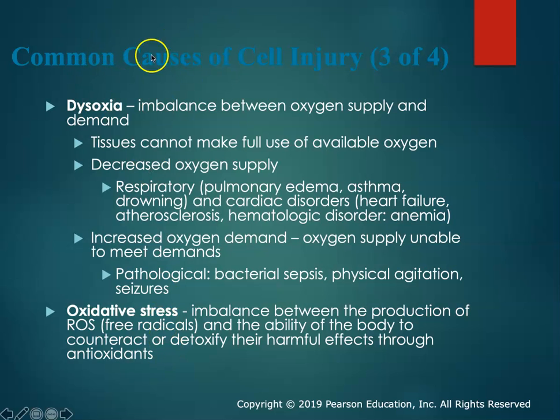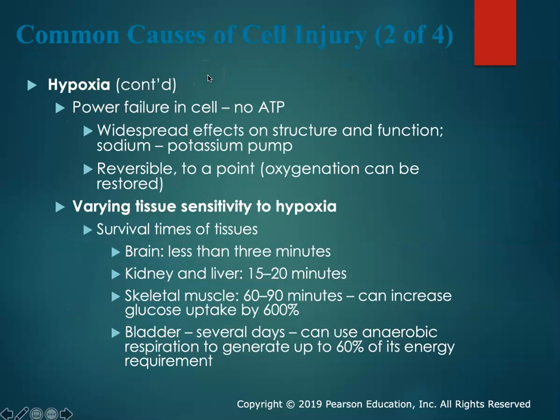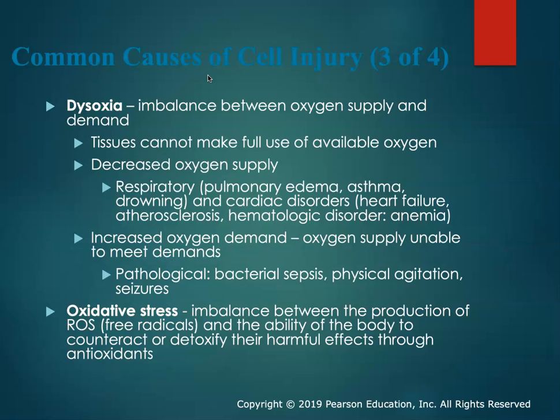So remember that this is kind of where we are. Common causes of cell injury. We talked about hypoxia, right? Different types of hypoxia. Dysoxia is another cause of cell injury, okay? And dysoxia really has to do with the imbalance between oxygen supply and demand. So it's the idea that there can be some states where demand increases so much that the cell can't meet that demand, okay?